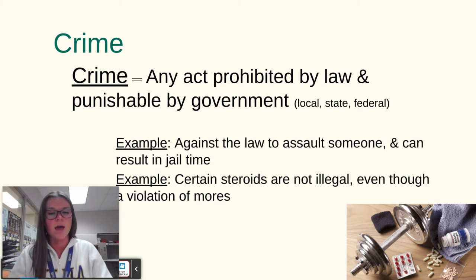Another example is that certain steroids are not illegal, even though they are a violation of mores. If you remember from Unit 2 culture, we discussed mores. The use of steroids in some sports is prohibited, but overall not illegal, just a violation of mores.